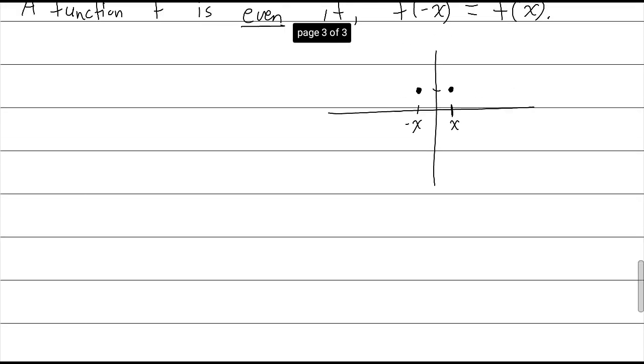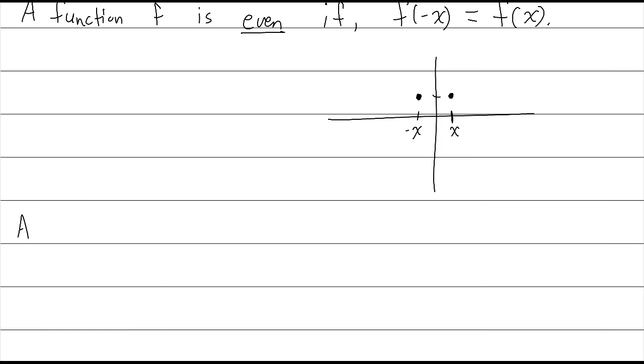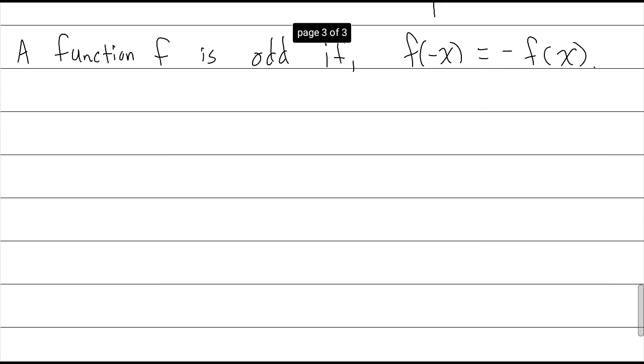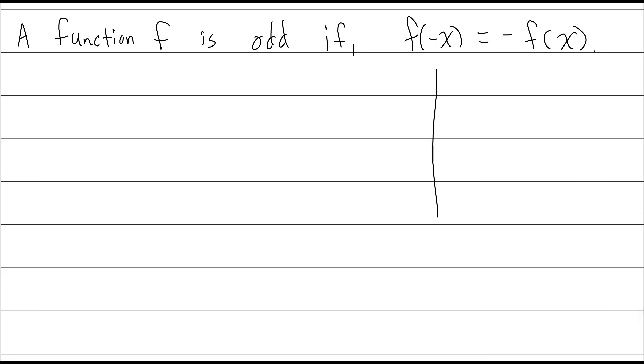A function is odd if you change x to a negative x, and you get a negative version of the function. In other words, you get some negative y values. What does that look like? Okay, well, for every x value, you put in a negative x value, right?